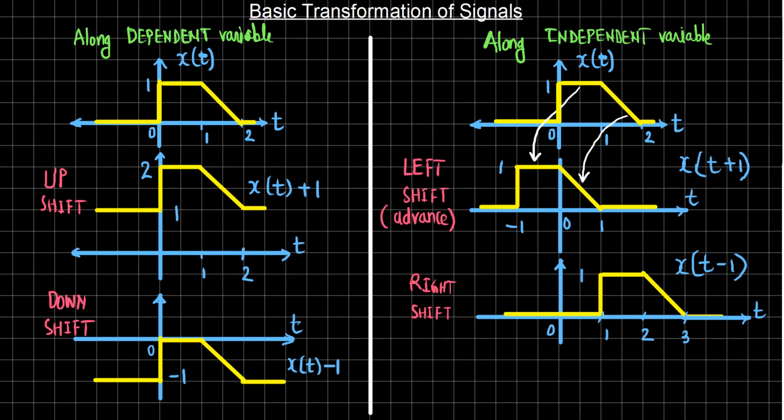And the right shift is also called the delay operation. So far, we have done these shifting operations along the dependent variable and along the independent variable. We can perform other operations other than shifting. Let's see them.